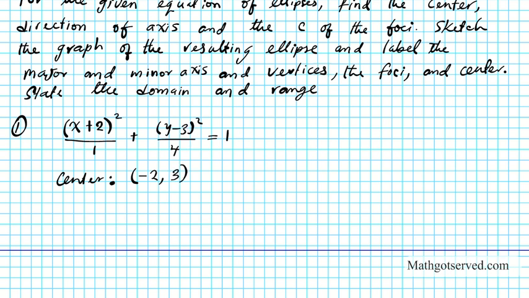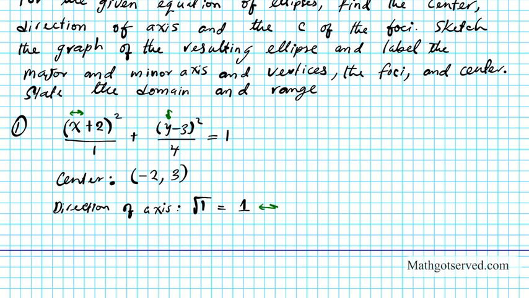Okay. Next, we need the direction of axis. The major and the minor. So we just take the square root of the denominators. Okay, the square root of 1 gives me 1. Since I got 1 from under the x, this axis goes in the horizontal direction, the y goes in the vertical direction.